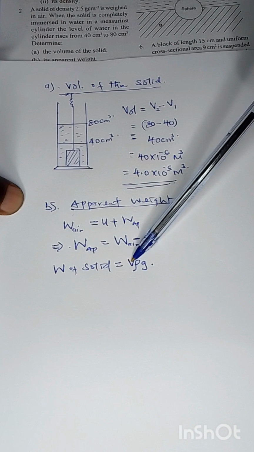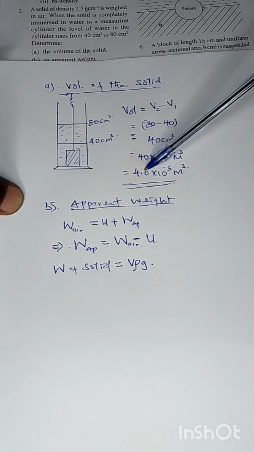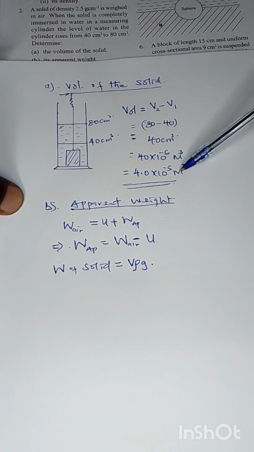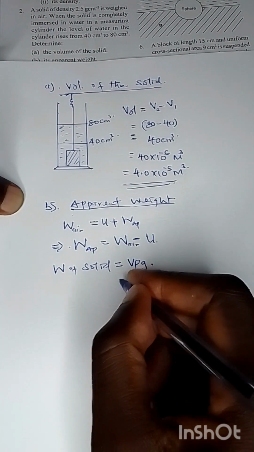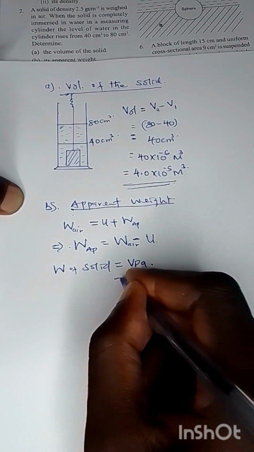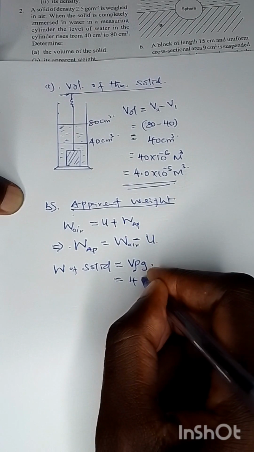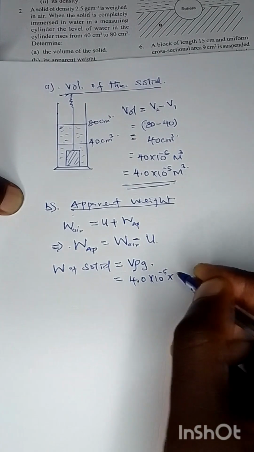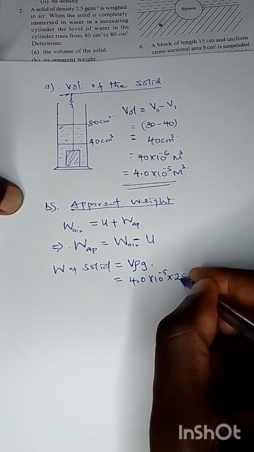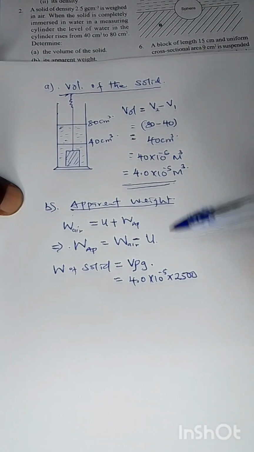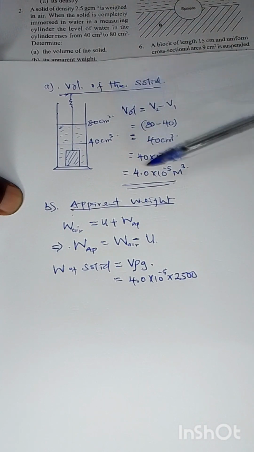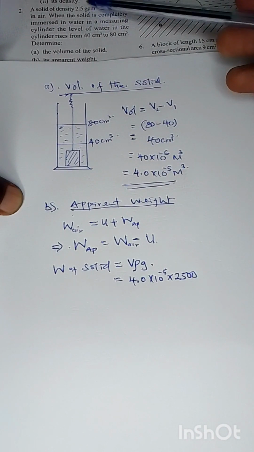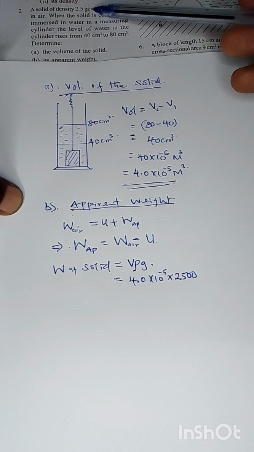The volume of the solid we have is here, and it is already in the right unit, the SI unit. So let us just go straight away and get the weight of this solid, which is simply 4.0 × 10⁻⁵ multiplied by 2500. 2500 in this case is the density of the solid, but in the SI unit, just multiply it by 1000.